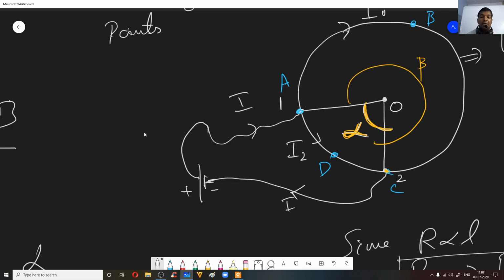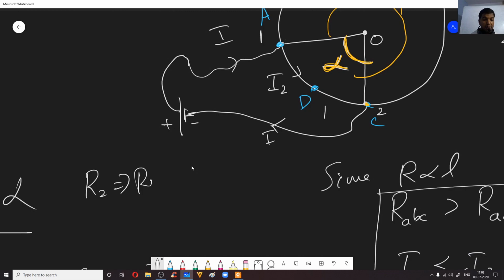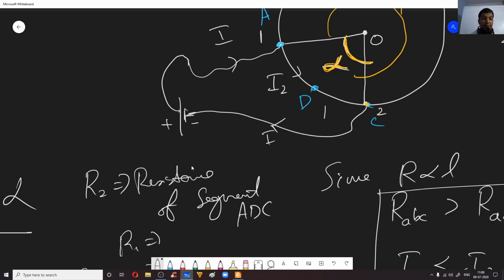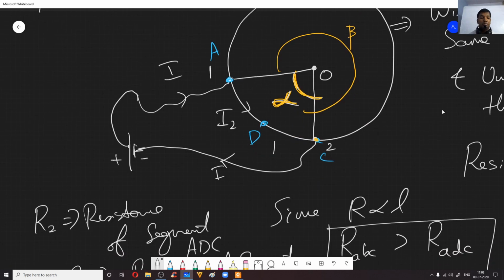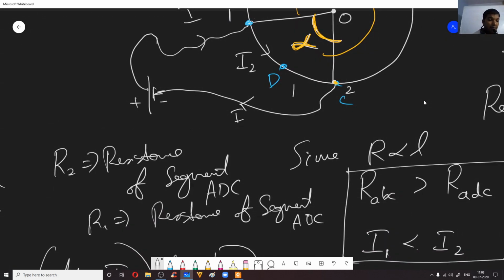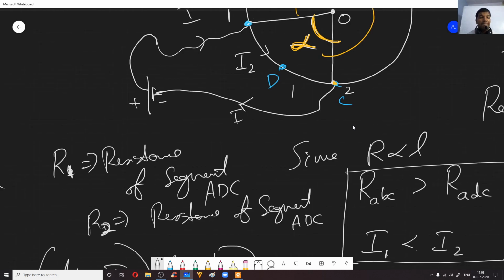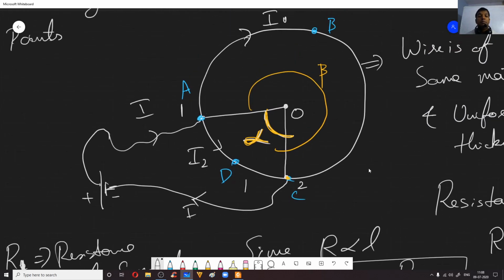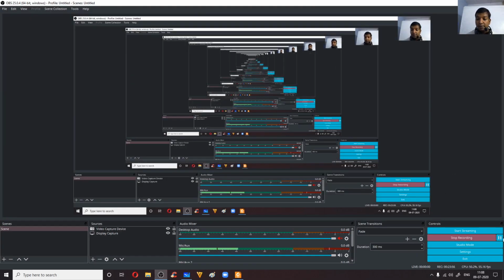Then V can be written as, now let R1 be the resistance of segment ABC and R2 be the resistance of segment ADC. Sorry, the diagram is confusing me.